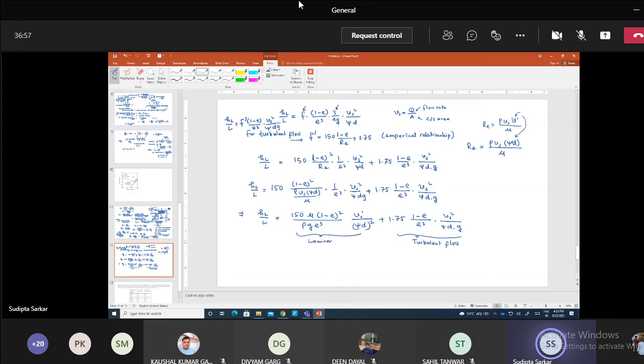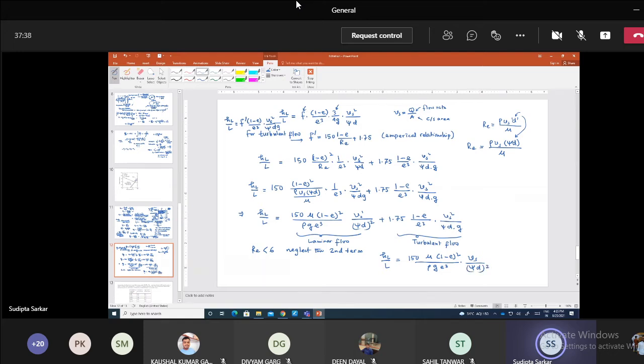Now, experimentally it has been seen that when RE is less than 6, you can neglect the second term, because it becomes very small. Then you can use HL by L equals 150 mu into (1 minus E) square, divided by rho g E cube, into Vs by psi d square.